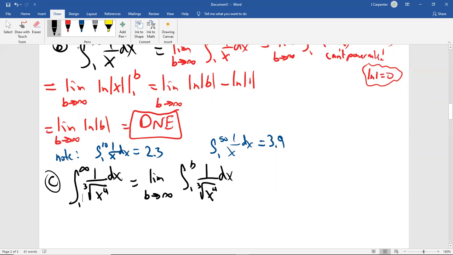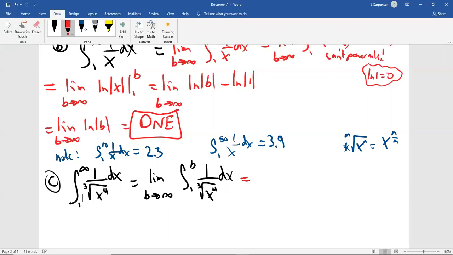First being, we don't like to see radicals. We need to convert them to rational exponents. So as a reminder, the mth root of x to the n is x to the n over m. So this is really x to the 3/4 in the bottom.